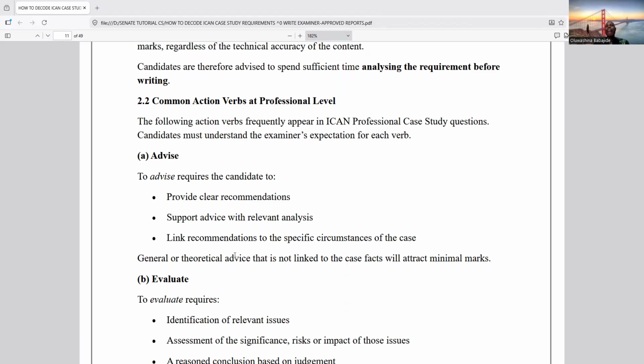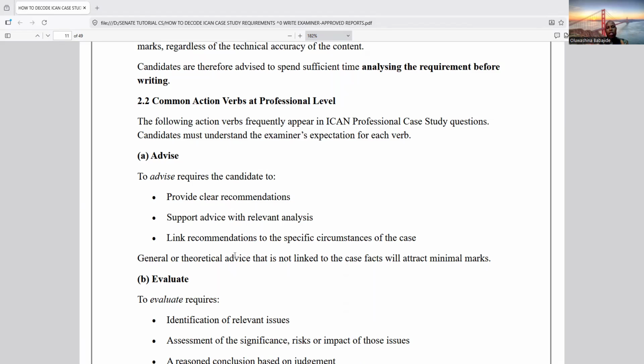Consider the analysis above, seeing that the cost has already eroded the revenue of the company, so we thereby recommend that the company should try as much as possible to improve the revenue generation. Can you see now? So you link it up. When you pick up an issue and you are recommending, you link it up. So that is how proper advice should be.